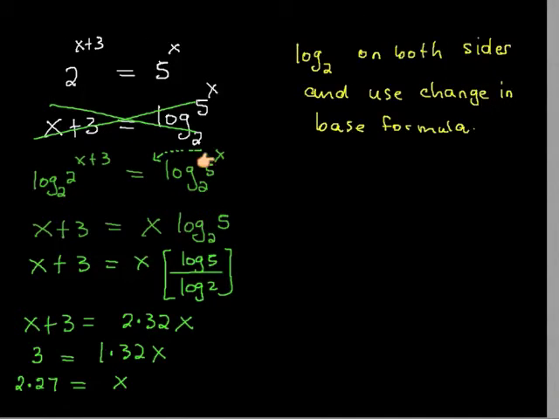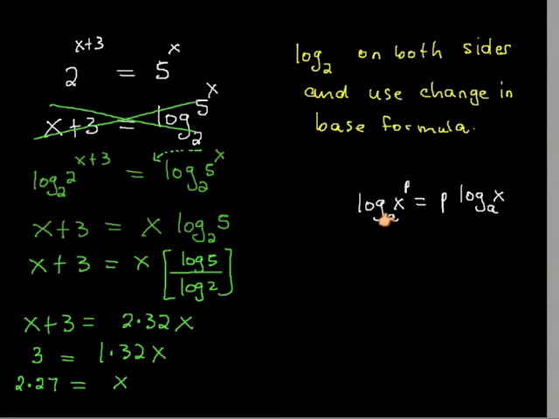So my strategy would be to pick base 2, log base 2, but you have to log base 2 on both sides. So you log base 2 here and log base 2 here. And on the left-hand side, we have simplified it to x plus 3. Now on the right-hand side, we have not simplified a whole lot, but we do have another rule which we can use. I want to introduce this rule to you now.